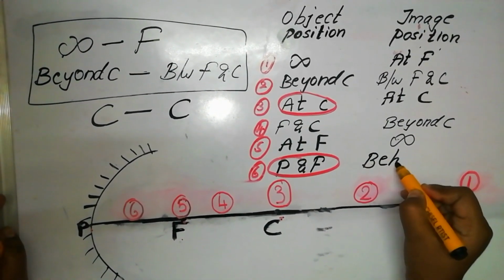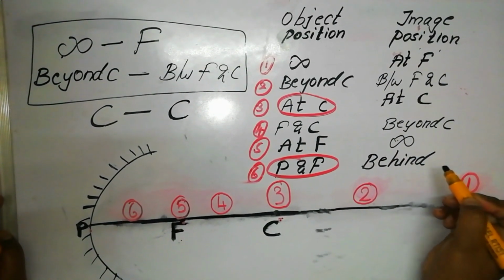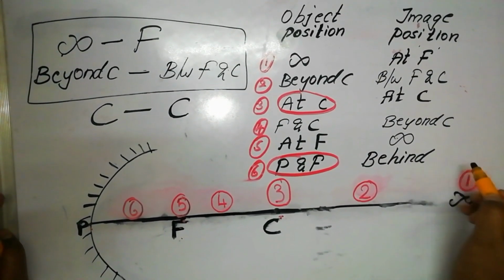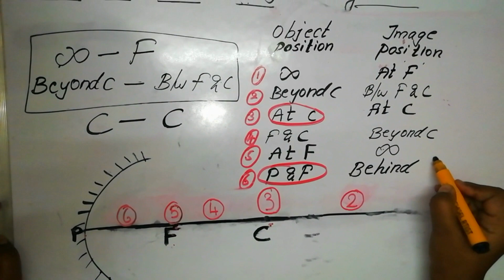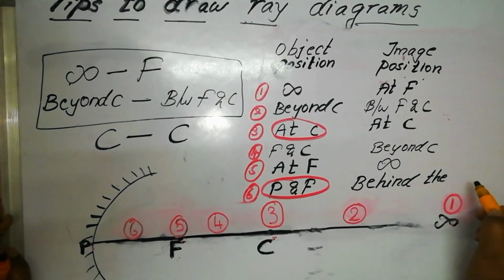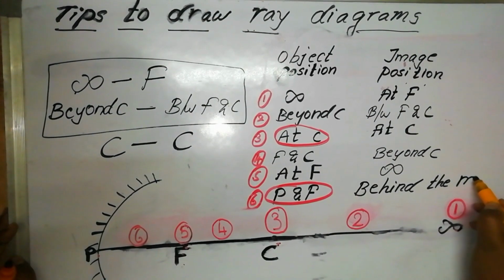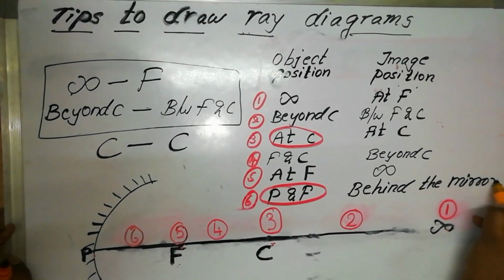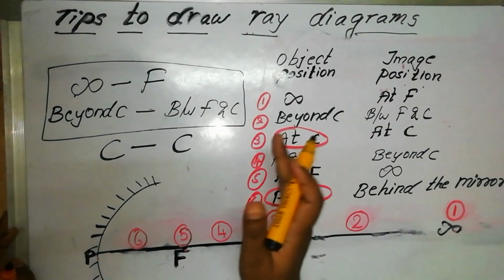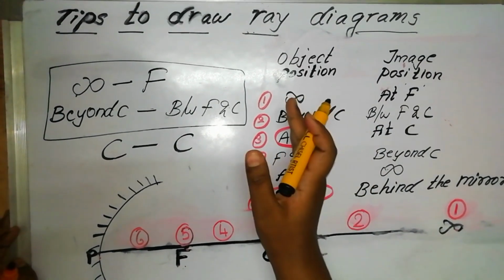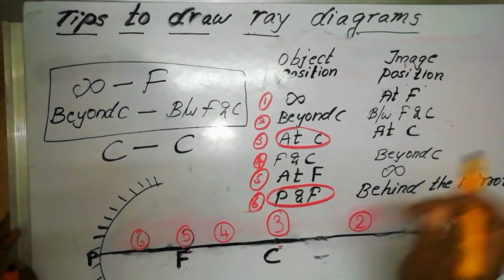So this is a different case. We get the image behind the mirror which can't be caught on a screen. That's a virtual image. So these are the 6 cases: object positions and image positions.